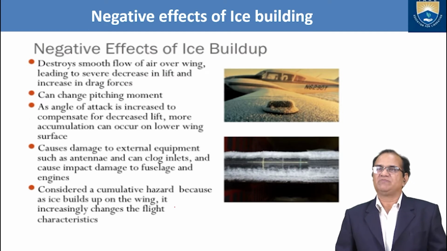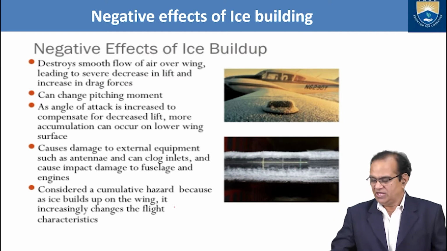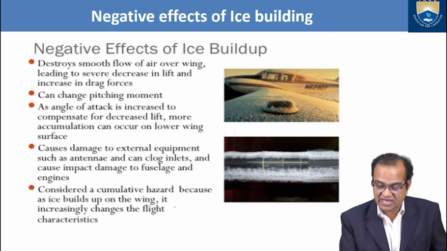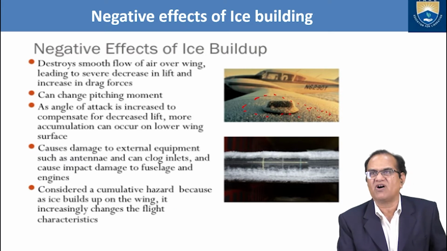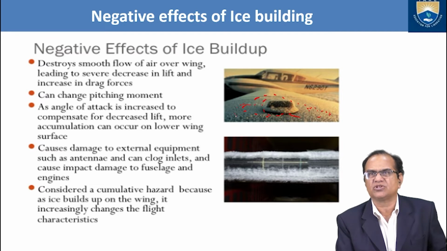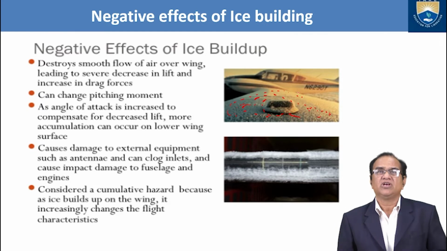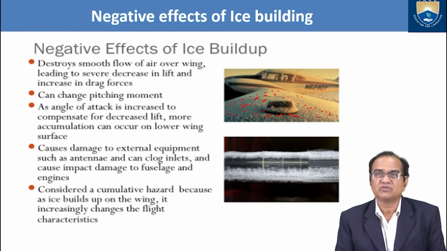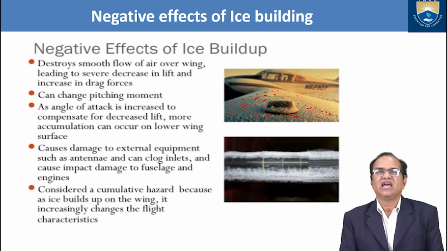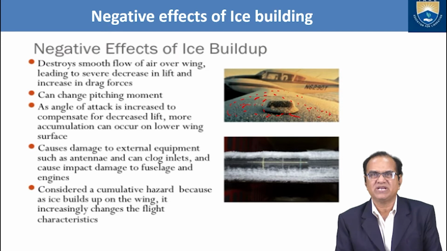Negative effect of ice buildup. If ice builds up, you can see in this diagram, this is the aircraft and a huge amount of ice is formed, and you can see it is not smooth, it is very rough here. So it will have a lot of problems. Negative effects: it destroys the smooth flow of air over the wing, leading to a severe decrease in lift and increase in drag forces, and can change the pitching moment.